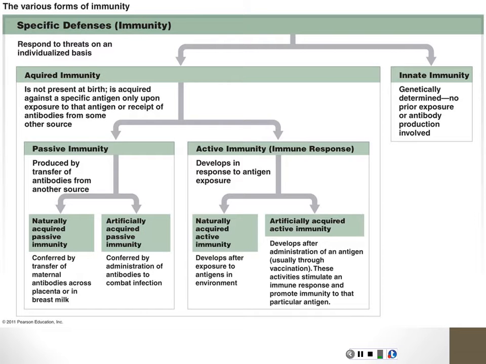So you're traveling in Arizona and you get bit by a diamondback. The way that they keep you from dying is they give you antibodies to diamondback venom, and then the immune system attacks that venom and destroys it so that you don't die. So that's an example of artificially acquired passive immunity. I told you it was sort of rare.